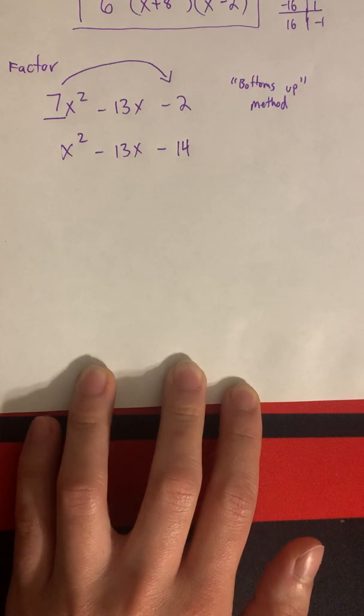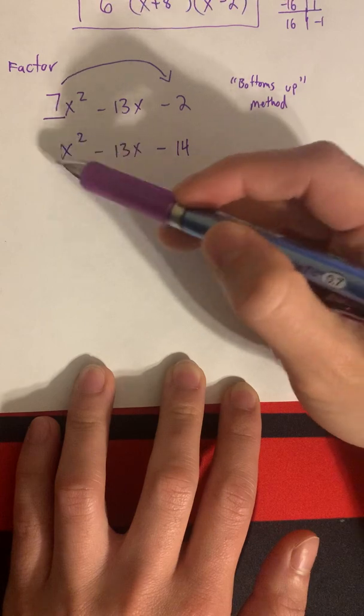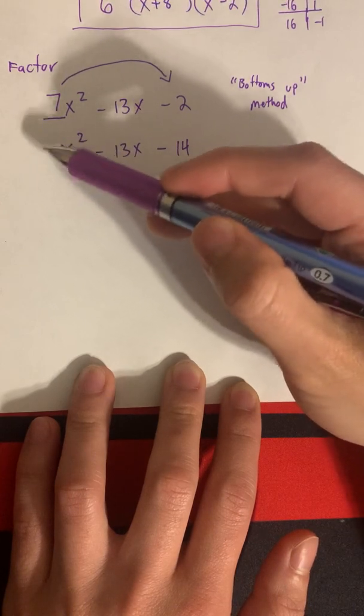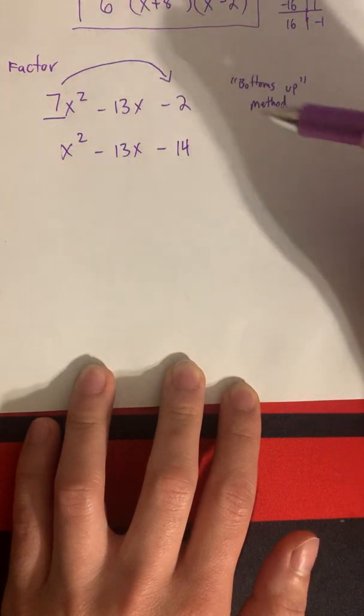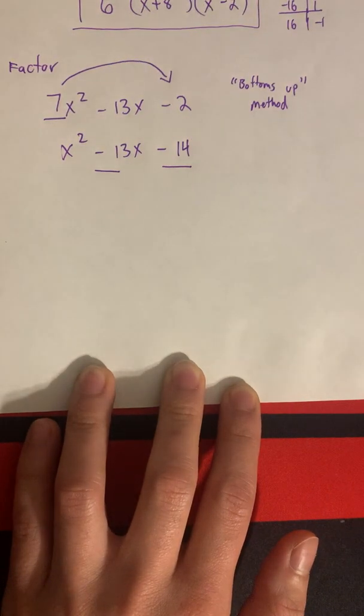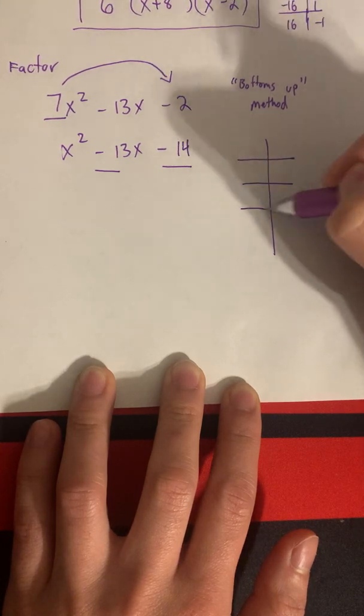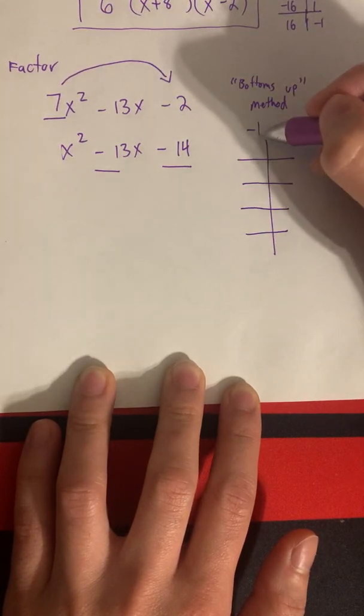All right. So next, we want to factor normally because we don't have a number in front of the x squared term. It's a 1. So we can factor by finding the two numbers that multiply up to this and also add up to this. So again, let's make our table here. I'm going to put negative 14 here.